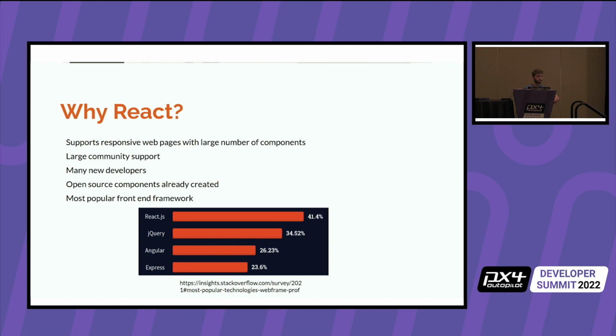It's really easy to find someone who can flesh out a good-looking professional web page. There's already a bunch of open source components created. The NPM has its own libraries that you can check out, and it has endless components that you can just pull and use. So you really don't have to create a whole lot of new stuff.